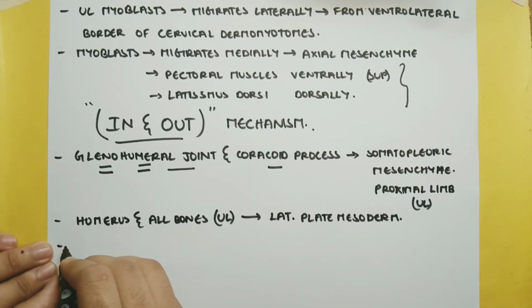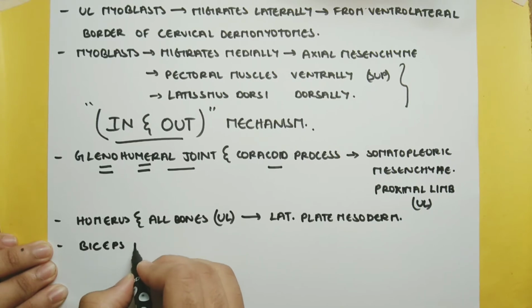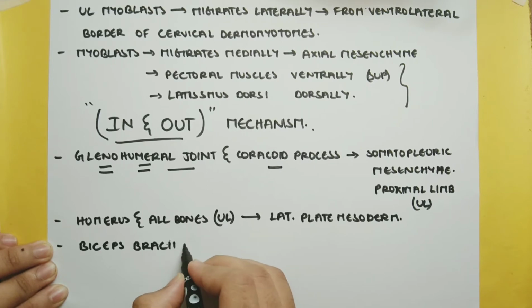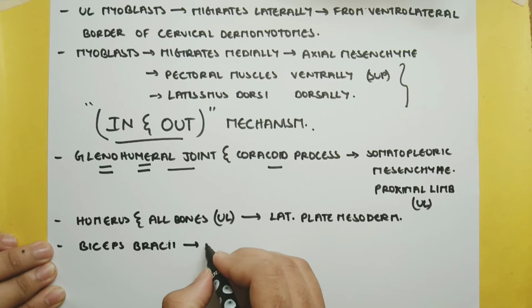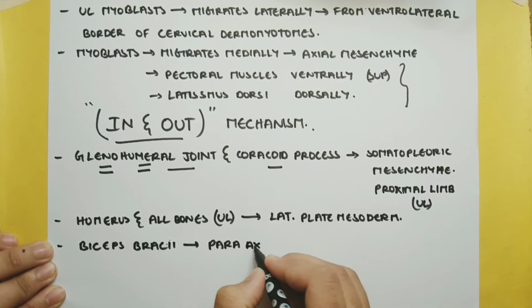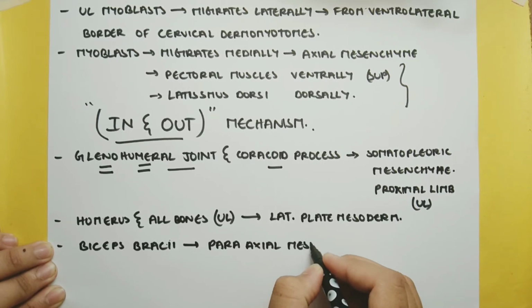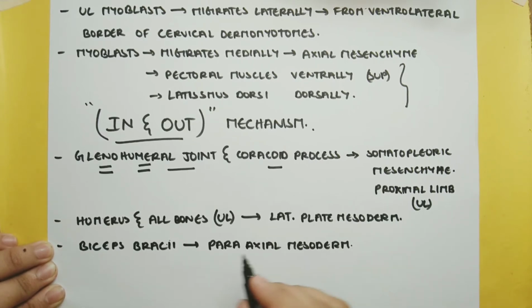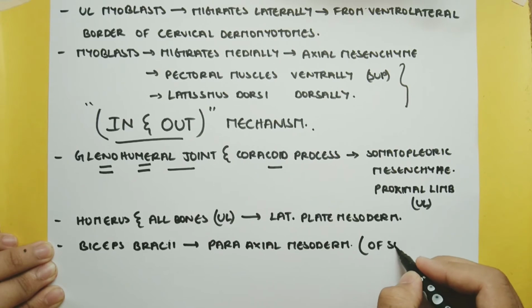Some of the muscles, like biceps brachii, are derived from paraxial mesoderm, mainly the paraxial mesoderm of somites.